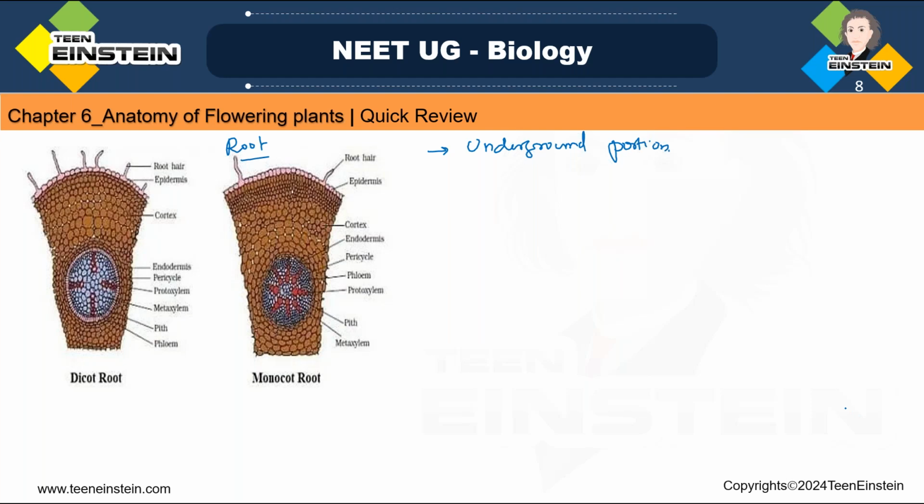The radicle of a plant embryo, and usually dicot root is having a taproot system, and monocot root is having an adventitious root system. Taproot system is present in dicots and adventitious root system is present in monocots.